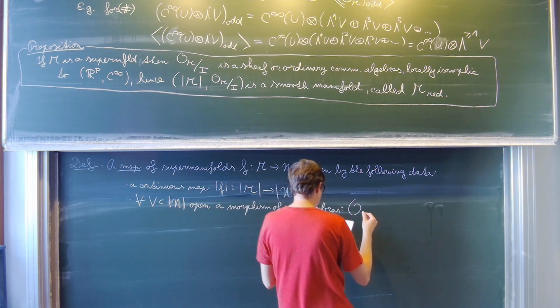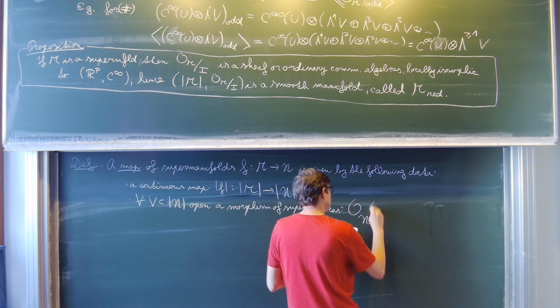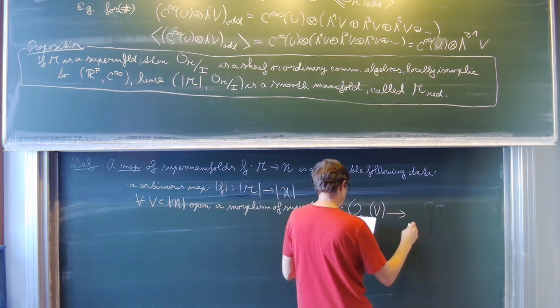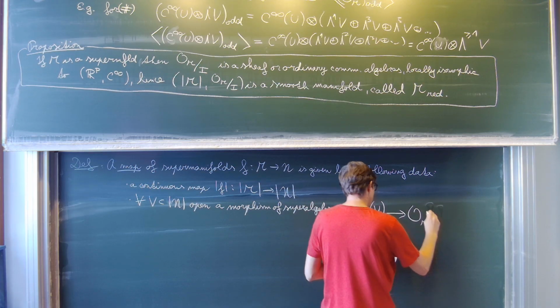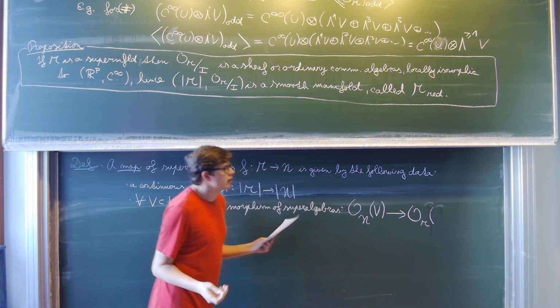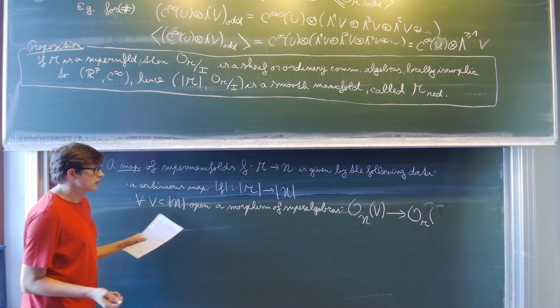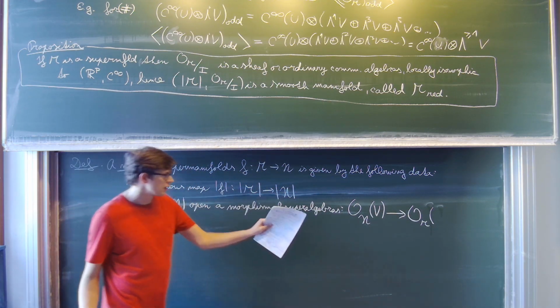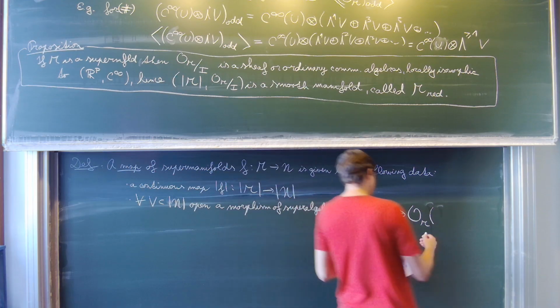Because you should think of this sheaf as morally some sort of functions, and functions usually go in the opposite direction. You can pull back functions. So I have to describe a map that goes in the opposite direction.